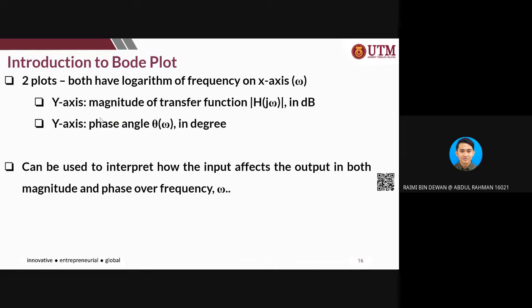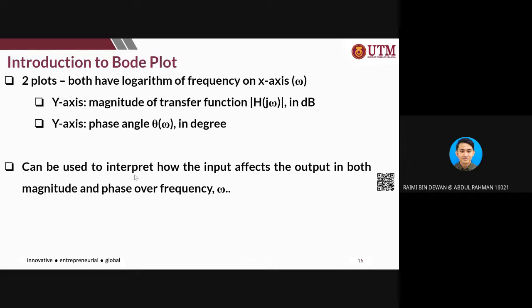In the y-axis, magnitude of the transfer function in decibel, so 20 log. And then another y-axis, you can have phase angle, which is theta of omega in degrees. So you have two plots, one magnitude versus omega, and phase angle versus omega.